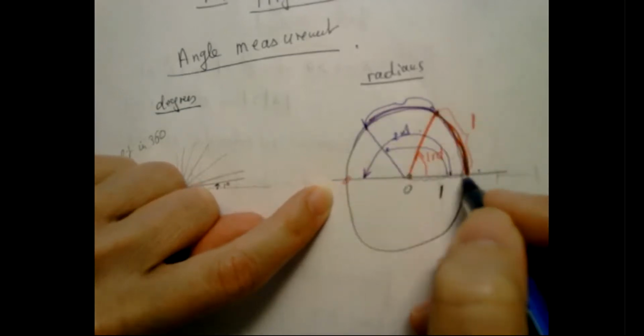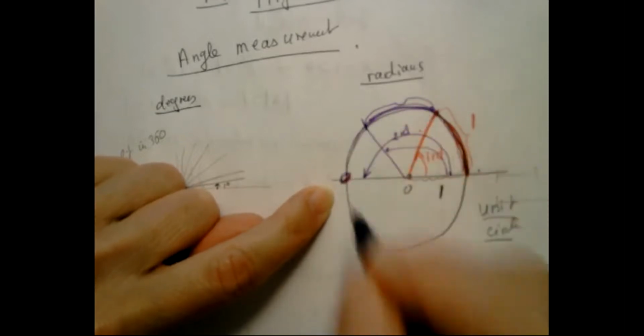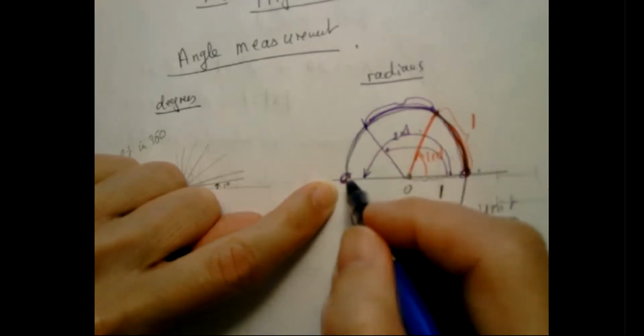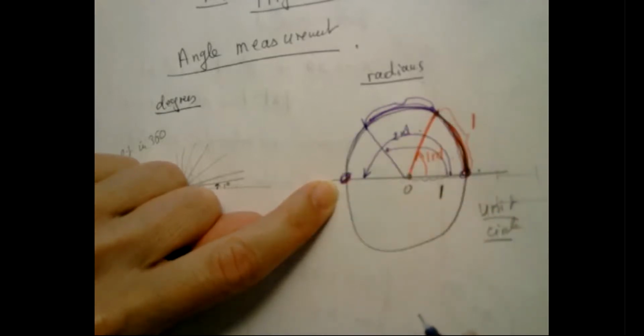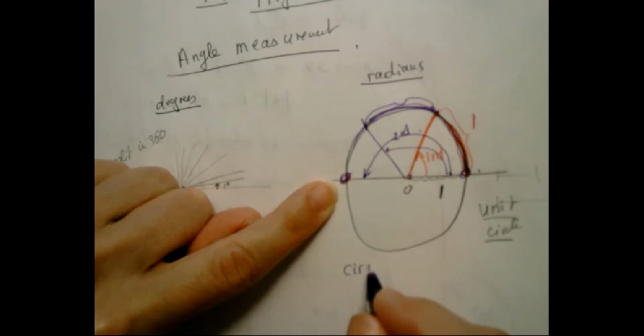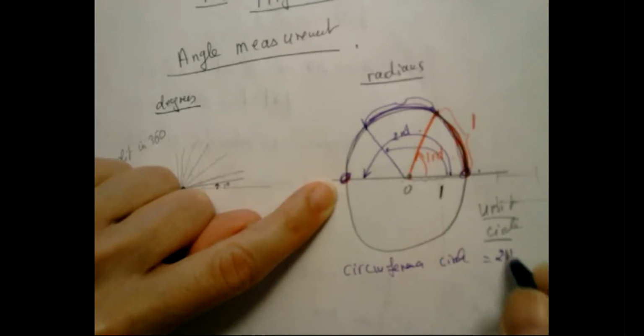But what's the maximum number of units that can go from this point to here? 3 radians, almost, a little bit more, because we know that the circumference, which means the length of a circle, is 2 pi times the radius.